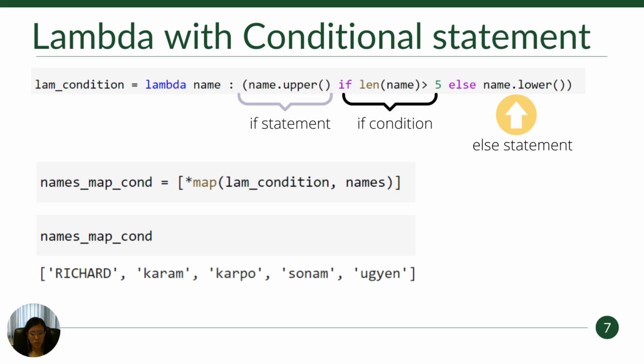So here you can start to see that when you have a conditional statement, a lambda function is a bit confusing. If you have more than one if-else condition, meaning more than two branches, definitely lambda is not the right function to use. You should use your def keyword.